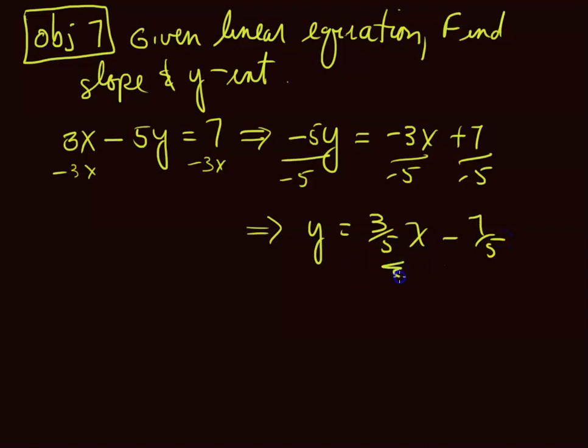What is the slope? 3/5. What is the y-intercept? Negative 7/5. So, slope 3/5. B, the y-intercept, negative 7/5. Not so bad. Solve for y. Objective 8.